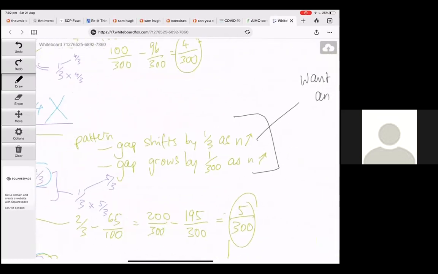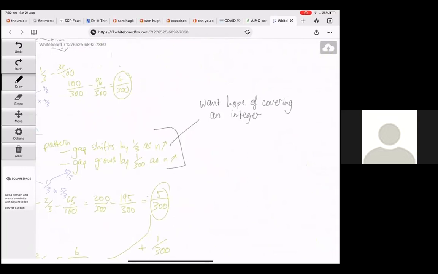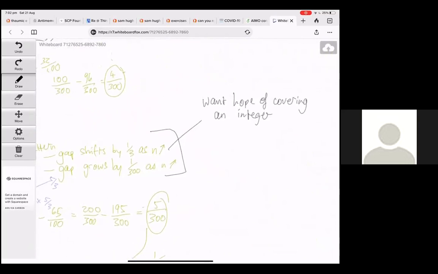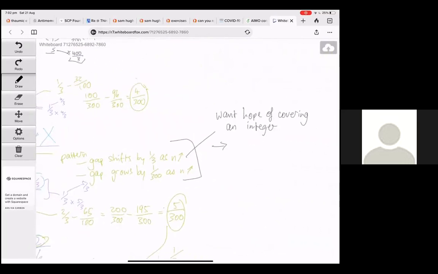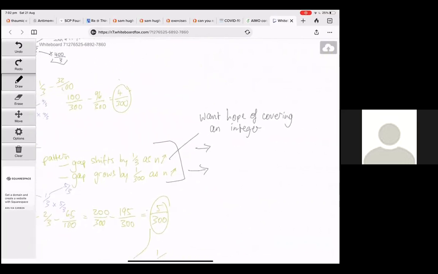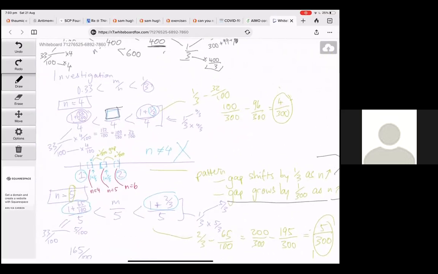So if I want the gap to cover an integer, then a couple things have to happen. First of all, the gap needs to be big enough, right? So let's start with the big enough condition. So we'll look at this second observation. The gap grows by 1 on 300.